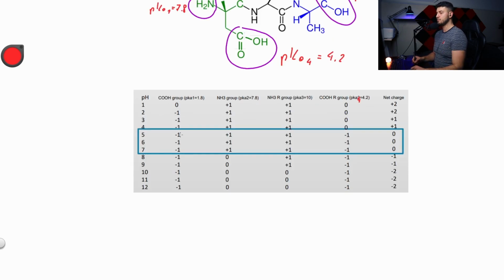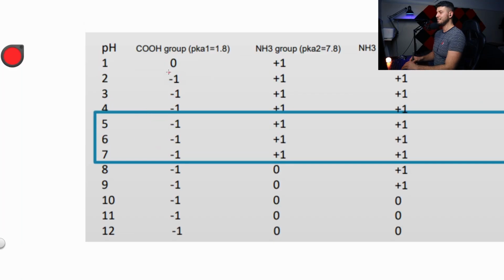And since then, it will stay -1 till the very, very bottom, which makes sense. If you go with the pH even higher, you have even fewer H pluses in the environment, so your functional group COOH will dissociate and give H's to the environment. So you have negative. Okay, cool.